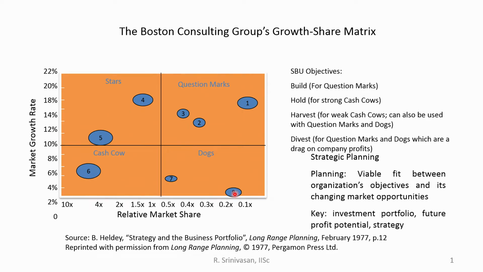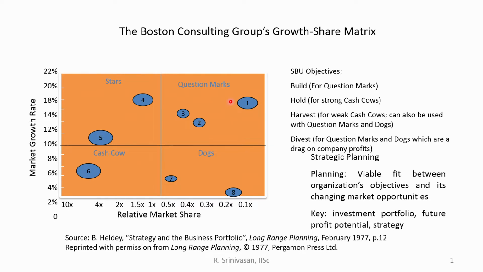So, if you see this particular diagram, you have got 3 SBUs which are in the question marks, and for these 3 SBUs, the objective of the company should be to move them to stars. In order to move them to stars, you require pumping in of investment, whether it is with respect to promotion, incentives or any other type of program.